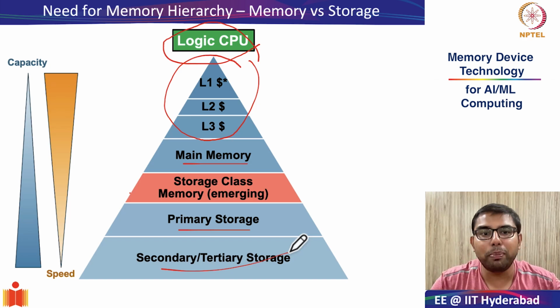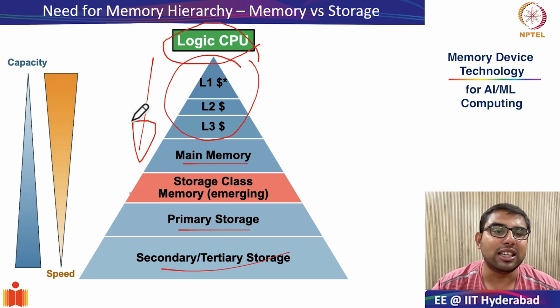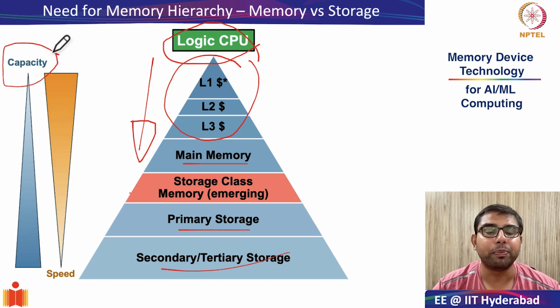They are arranged in a pyramidal fashion to indicate that as you move away from the logic CPU, you are compromising on speed to gain on capacity or bit density, right?